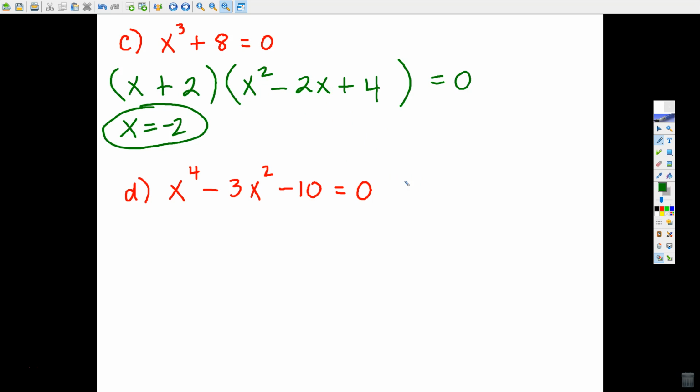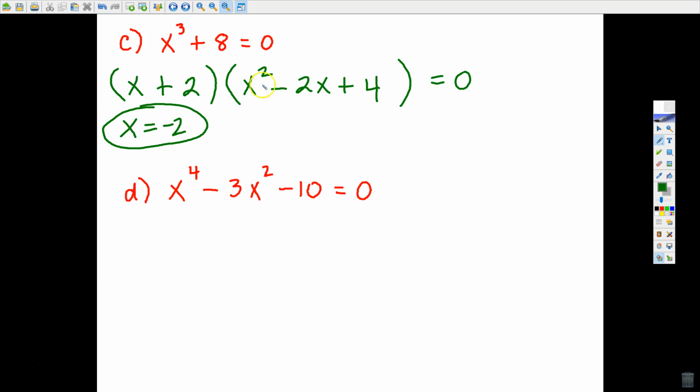Are there factors of 4 that add up to -2? Well, that wouldn't give me -2 in the middle. So are there any factors of +4 that add up to -2?